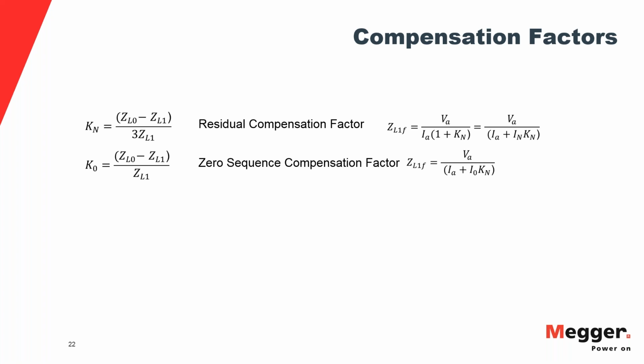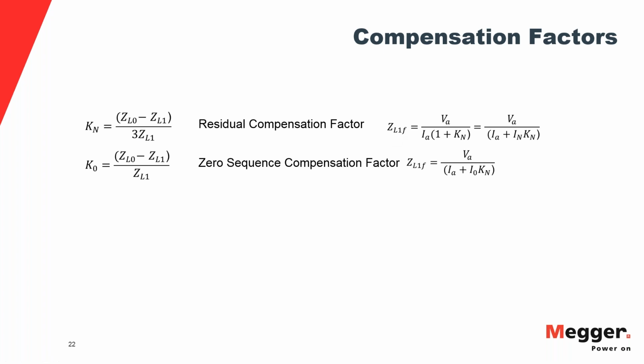There are compensation factors like the resistive and reactive. There is also another one that's simply the multiplication of the zero sequence impedance by the positive sequence impedance, etc. But I'm not going to mention them here.